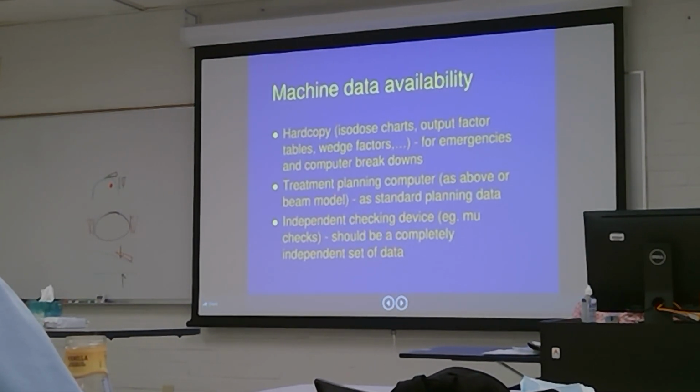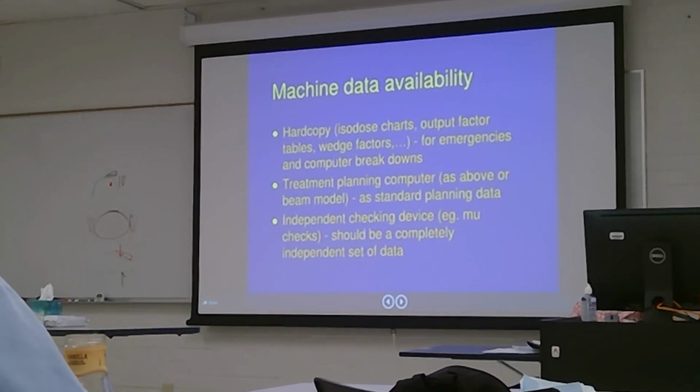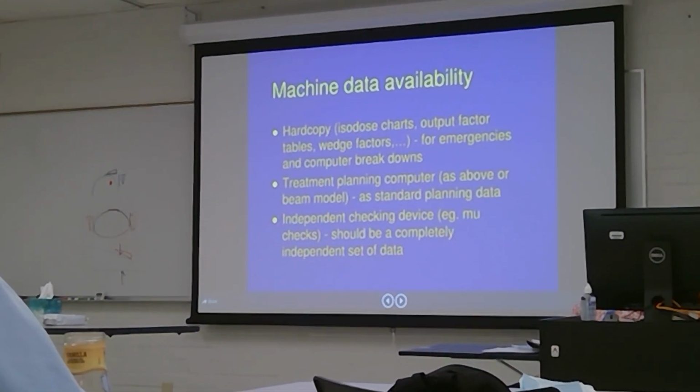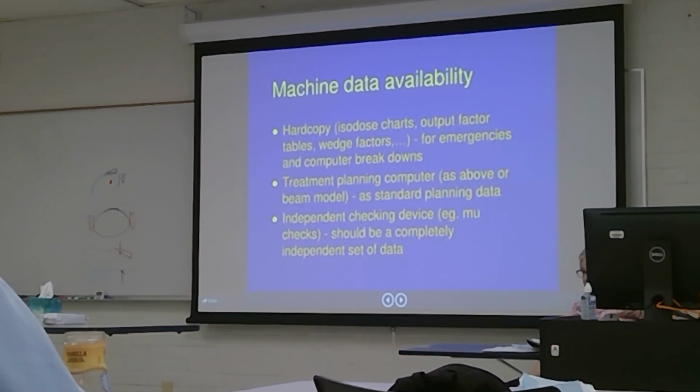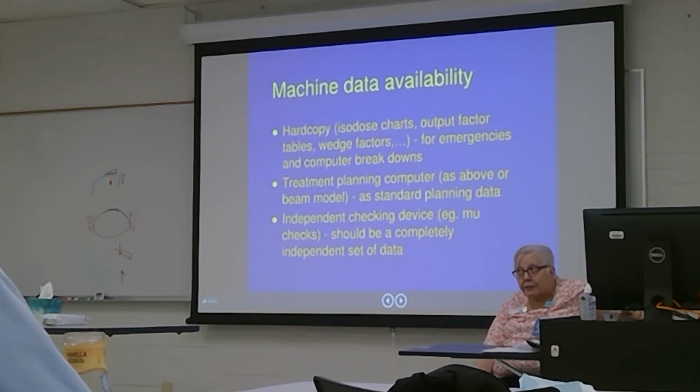Okay, isodose charts, hard copies, we don't usually have hard copies anymore. Isodose charts, output factors, tables, wedge factors for emergency and computer breakdowns. Computers do break down, surprisingly as it seems.